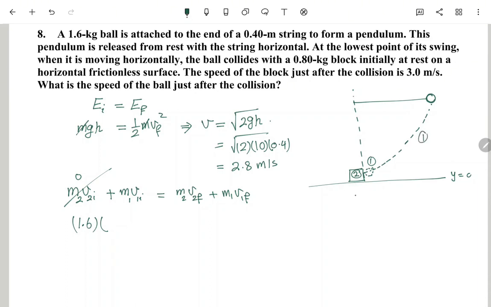So it's equal to 2.8, we just calculated that one here, equal to the mass of the block, 0.8 kilogram, times the velocity of the block, which is 3, plus m1, 1.6, times v1 final. That's what we are looking for, the speed of the ball after the collision. Upon simplifying, v1 final will be equal to 1.3 meters per second.